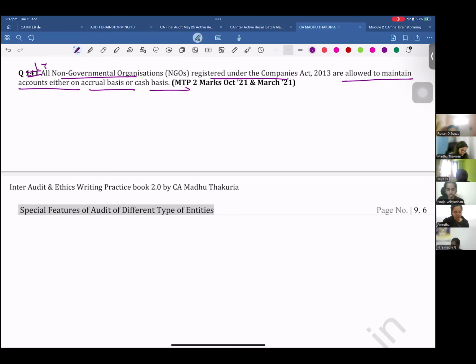Section 128. Ma'am, in the ICAI book, 9.28.